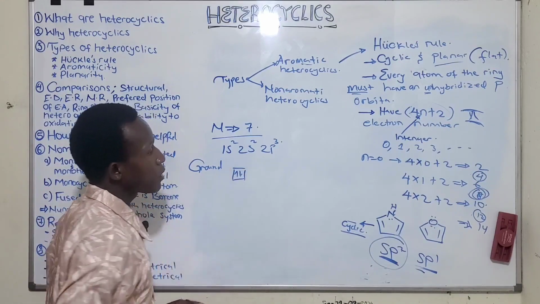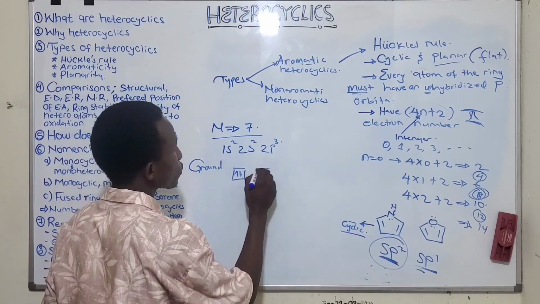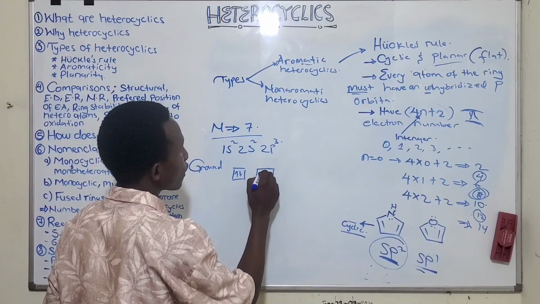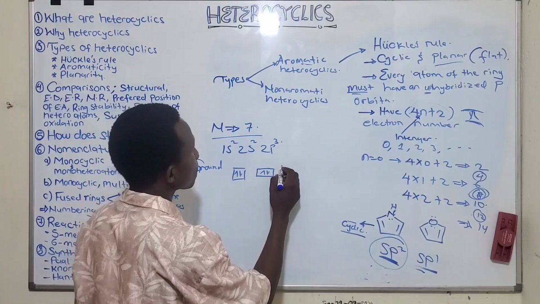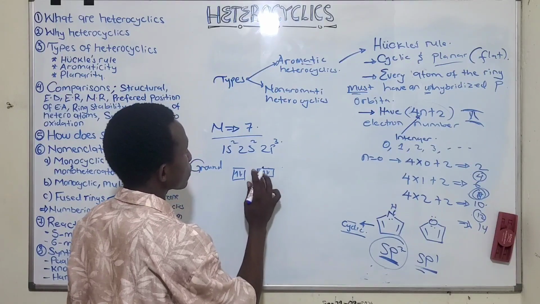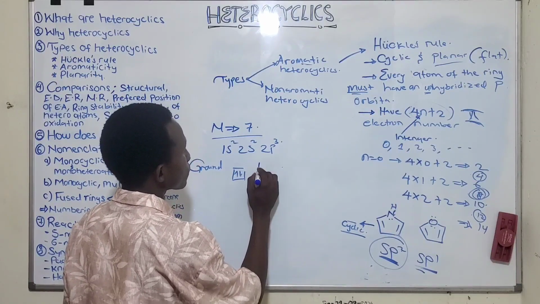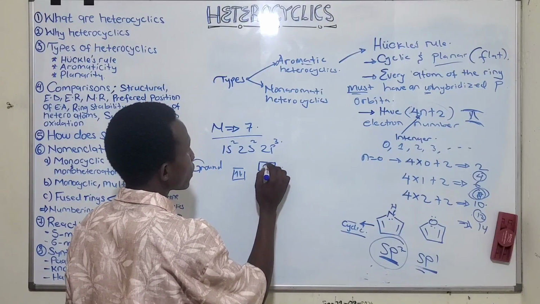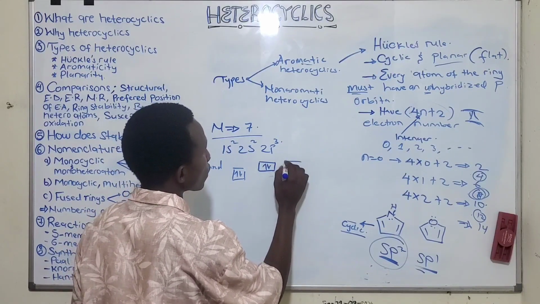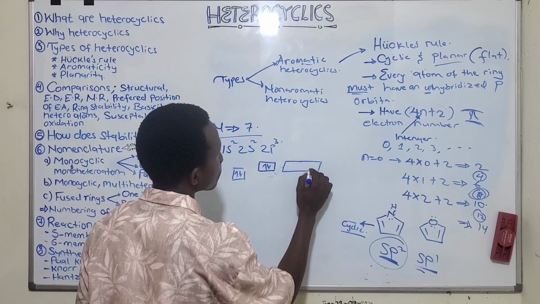We have 1s, then 2s having 2 electrons, then 2p.